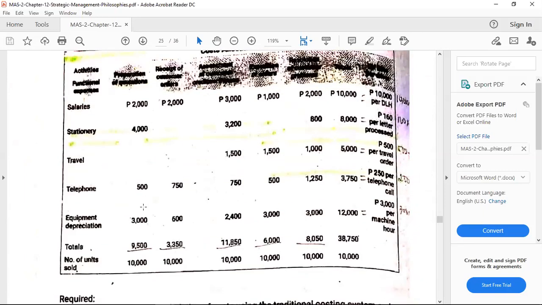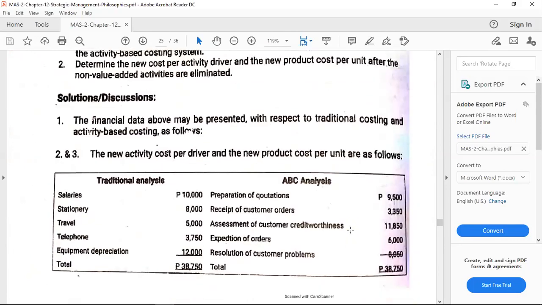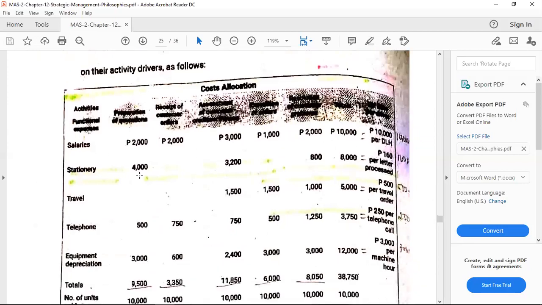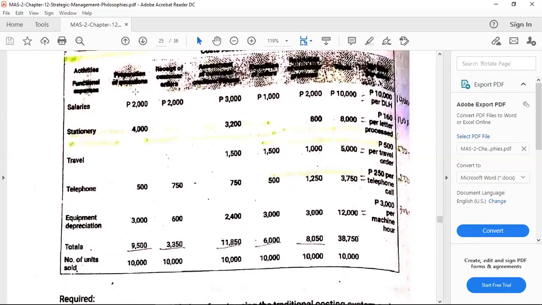Sorry for the bootleg quality, but these are the activities that we can just copy. And then if we total everything, it should total 38,750. So the same, right? For salary, there. It's per activity.